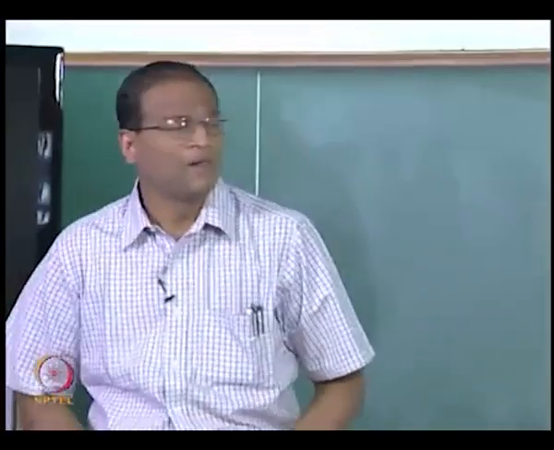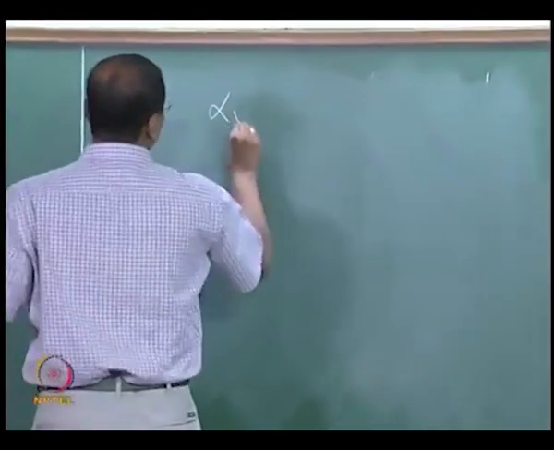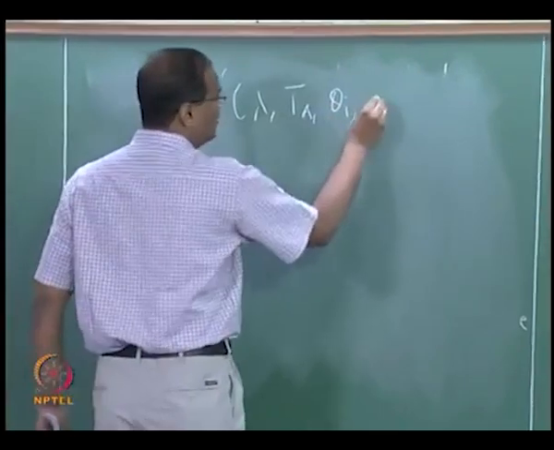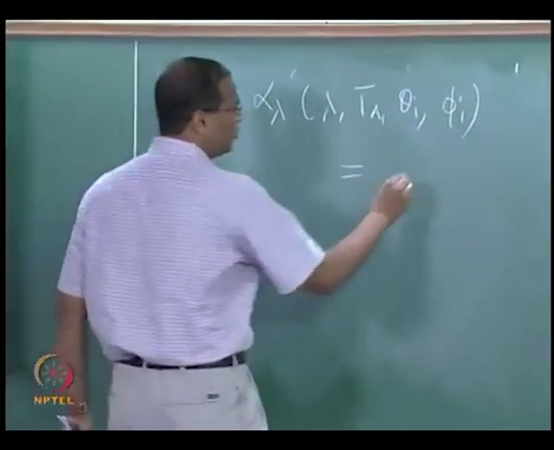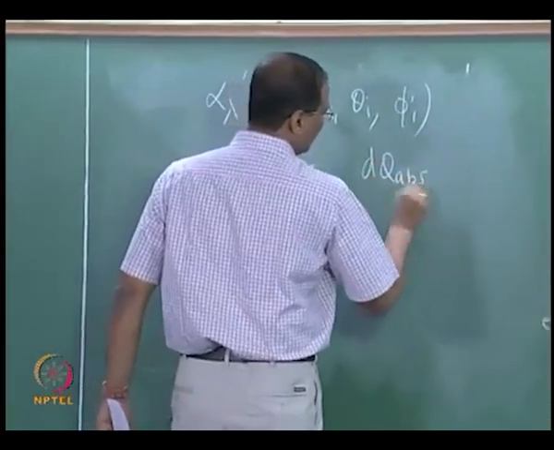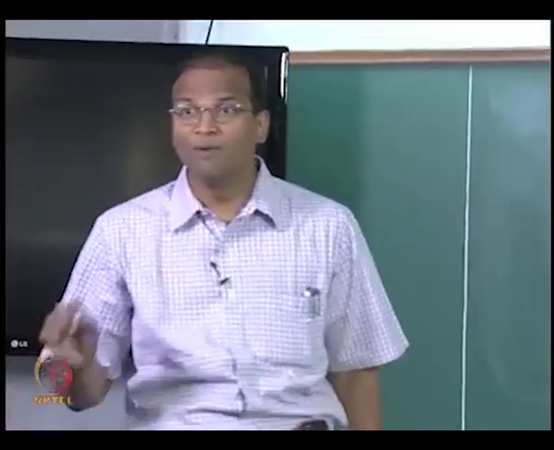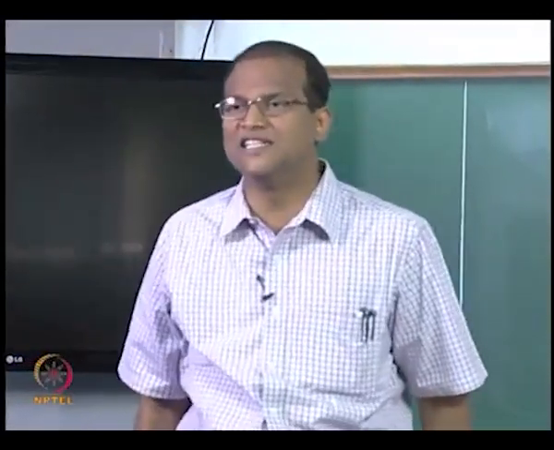So, how do you define spectral directional absorptivity? Can you tell me? From dq absorbed. Alpha lambda dash, lambda, the temperature of the absorbing surface, theta I, phi I will be equal to dq absorbed divided by, not black body, how much is absorbed divided by how much is incident.